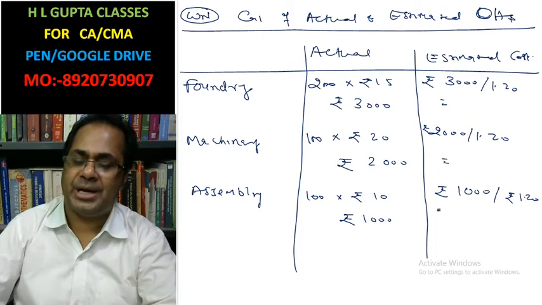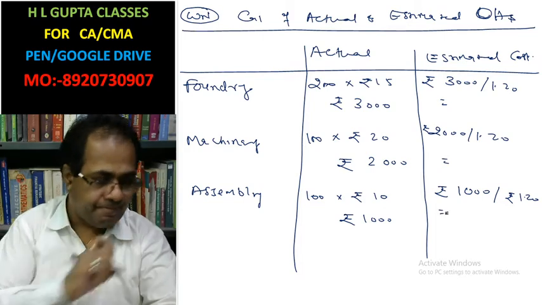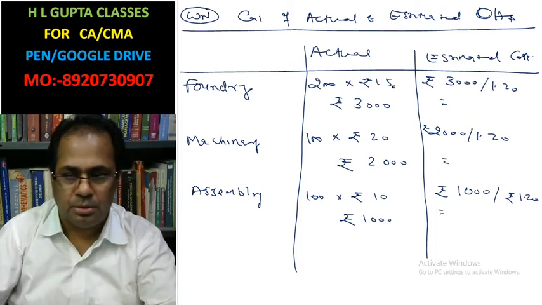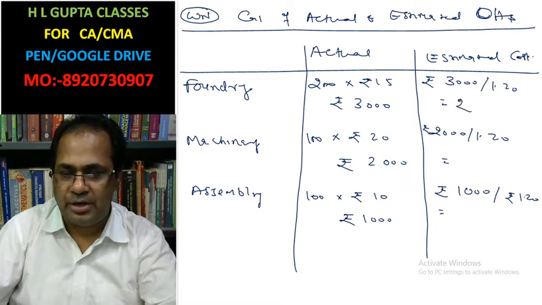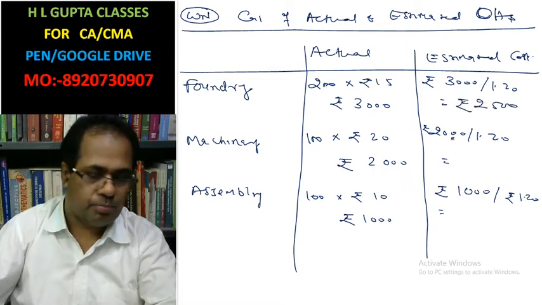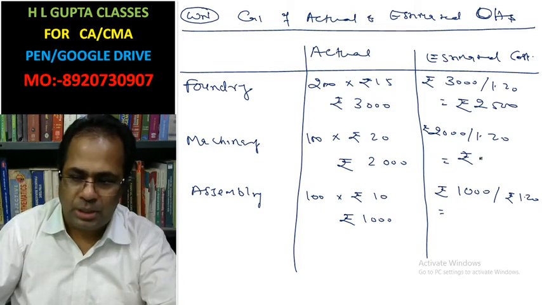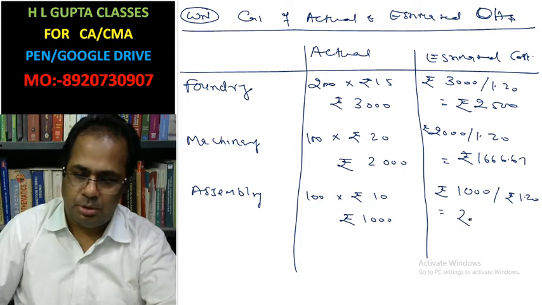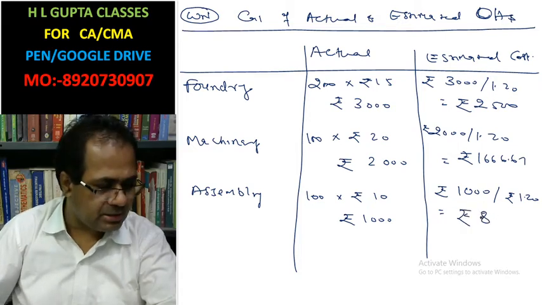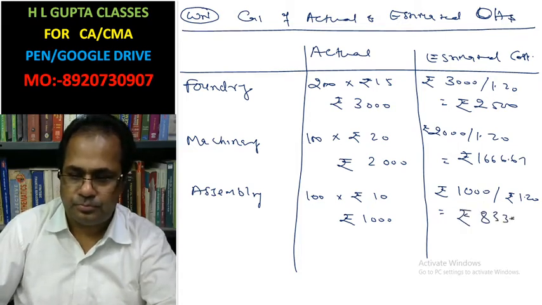As we calculated for material, this is 2,500, rupees 1,666.67, rupees 833.33.